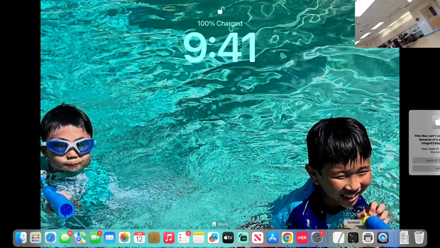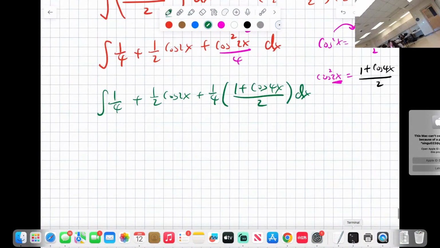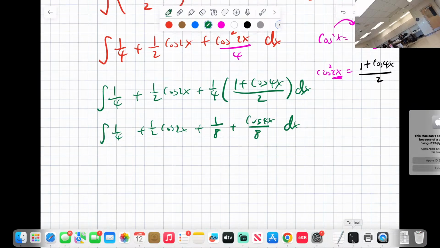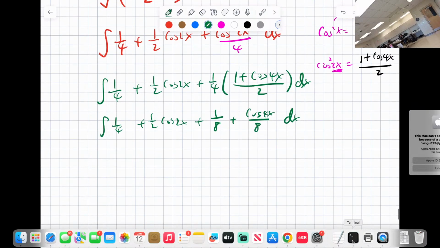That's just distributing. So that's 1/4 plus 1/2 cosine of 2x plus 1 over 8, plus cosine of 4x over 8 dx. So this adds together, so it's going to be 3/4.